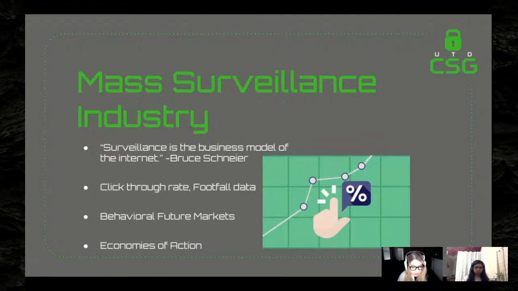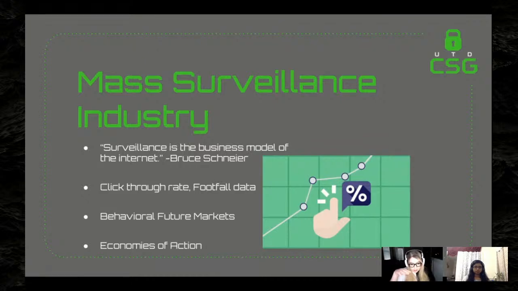So we're going to talk about click-through rate, which essentially is you clicking on that buy button and taking that data and predicting who will click on that buy button, and when they will click on that buy button. And then we'll talk about footfall data, which is you maybe walking around and your likelihood to go into a shop and purchase something.